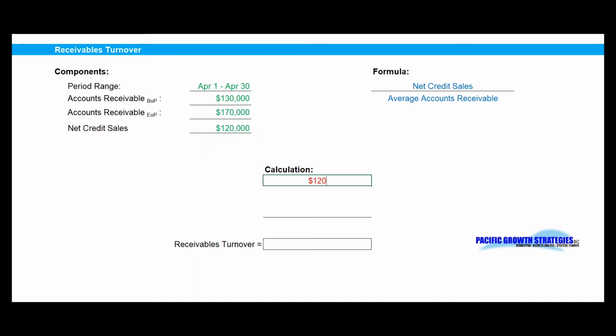We'll start with our $120,000 in net credit sales, and then we'll find our average accounts receivable by adding the $130,000 at the beginning of period to the $170,000 at our end of period and dividing by 2.